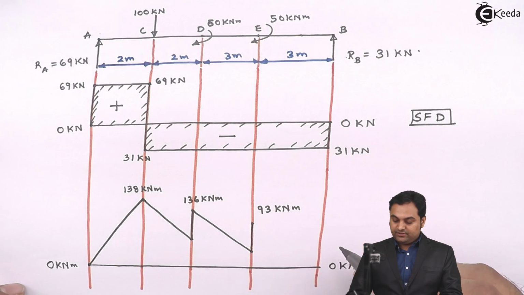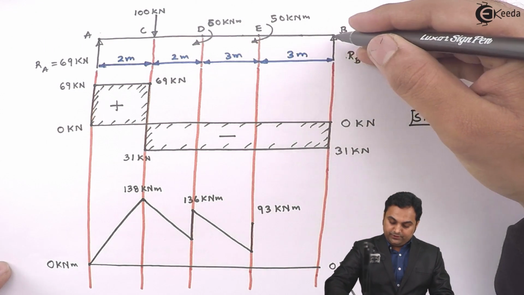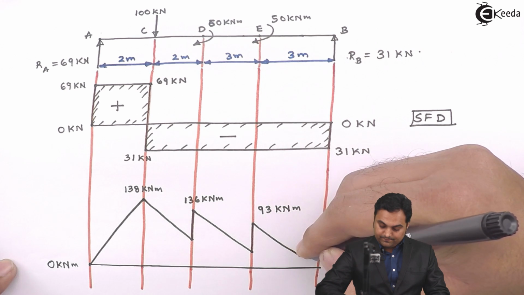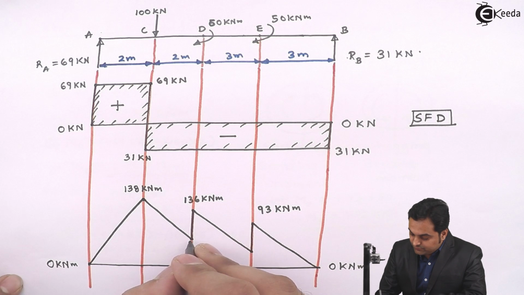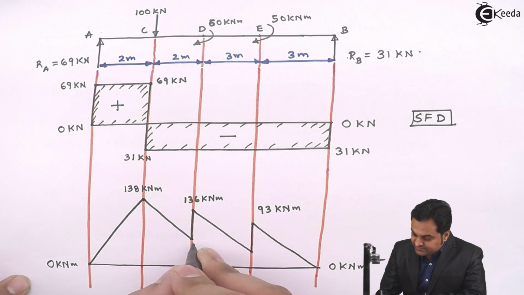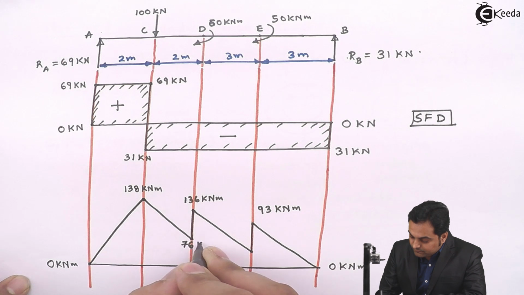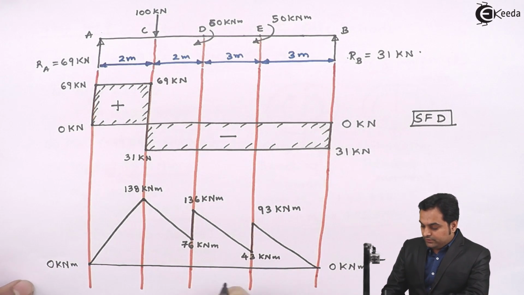And then finally the bending moment value at B is 0. So again there is no load between E to B, so bending moment will be an inclined line. And here I will write the values. This was plus 76 kilonewton meter. And here the value is plus 43 kilonewton meter.